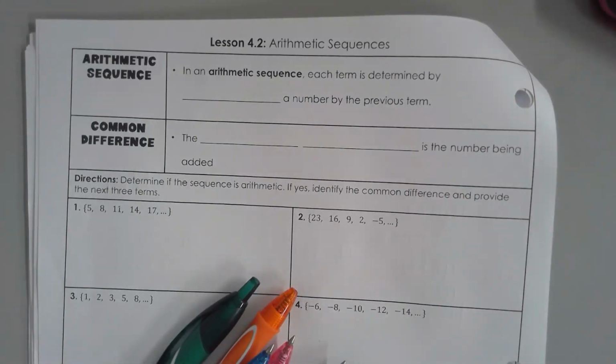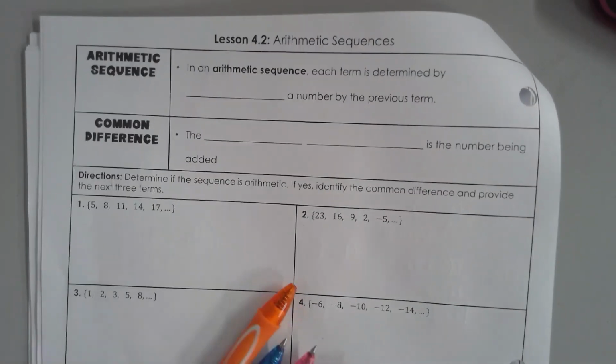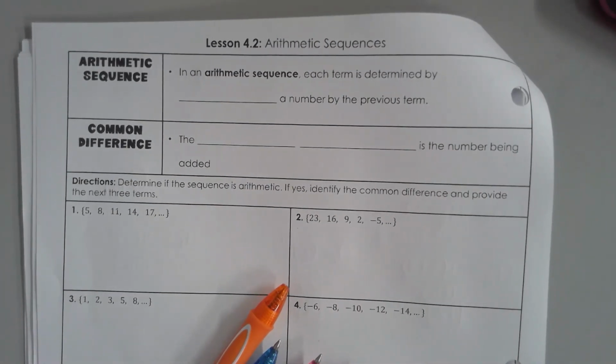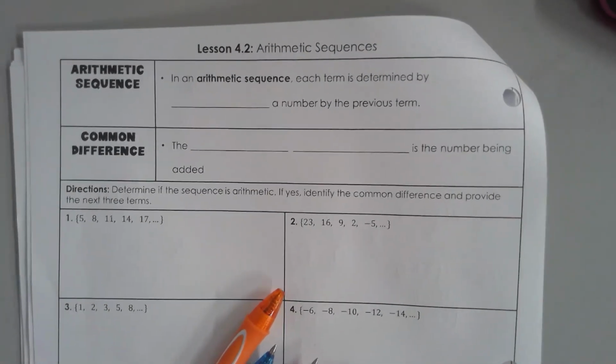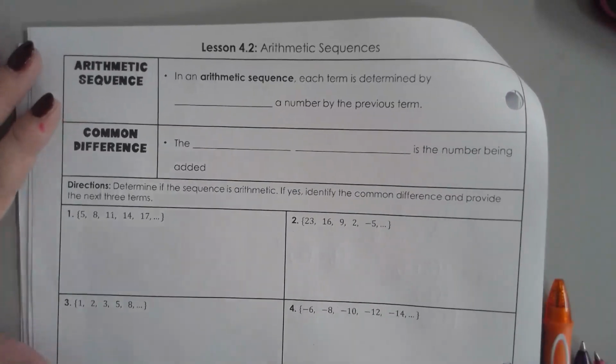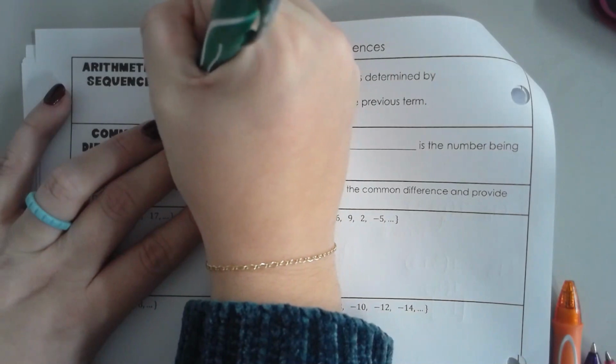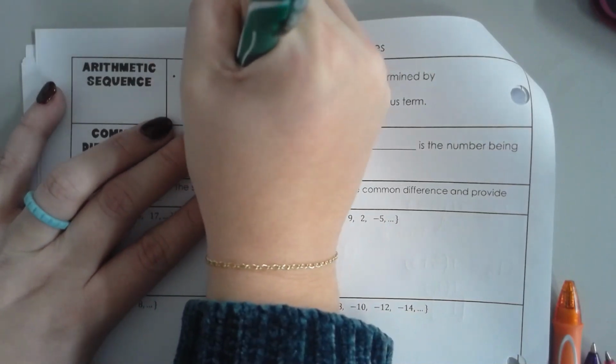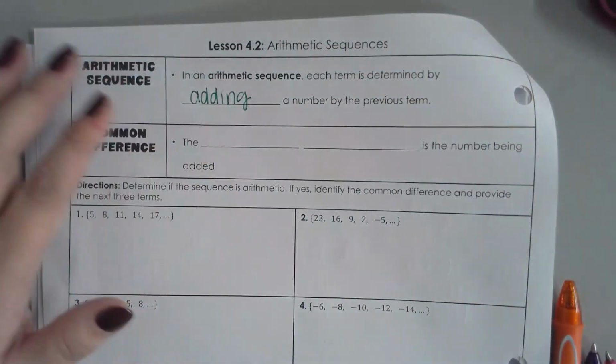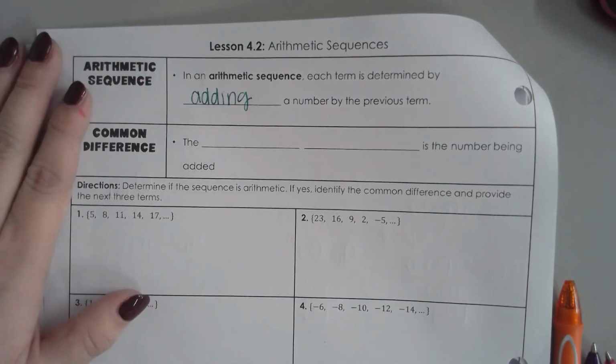Today we're specifically talking about what are called arithmetic sequences. We say arithmetic. In an arithmetic sequence, each term is determined by adding a number to the previous term.